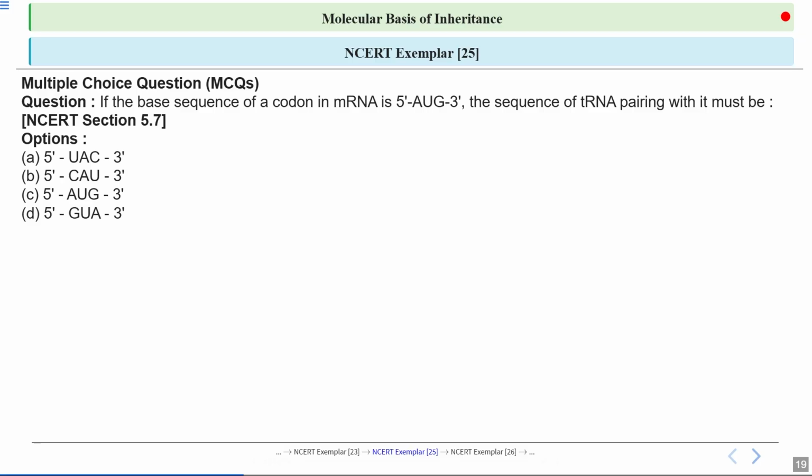Transfer RNA has an anticodon loop. So if in the messenger RNA you have the sequence AUG, what will be the sequence in the anticodon region of the transfer RNA? It is a very simple question. These are the 4 options given to you, A, B, C, D. You have to choose the correct answer.